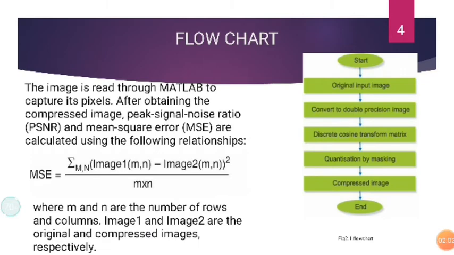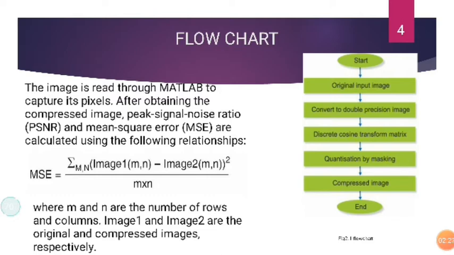In the flowchart, the image is read through MATLAB to capture its pixels. After obtaining the compressed image, the peak signal to noise ratio, that is PSNR, and the mean square error are calculated using the following relationships.